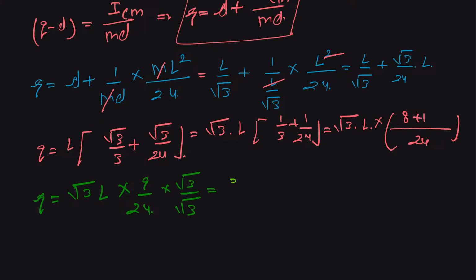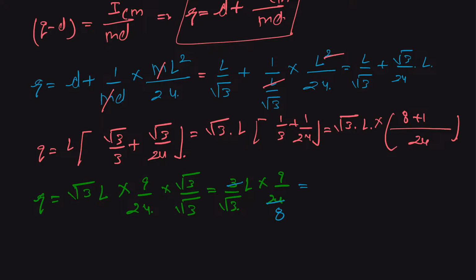So this will be 3 root 3 times L multiplied by 9 upon 24, and this goes by 8.